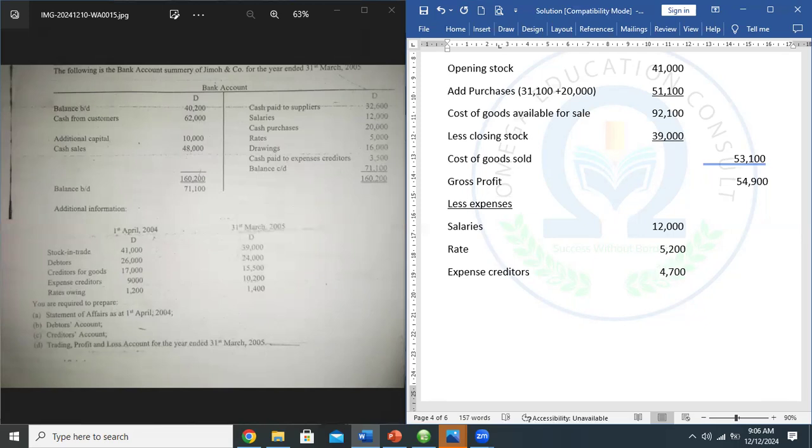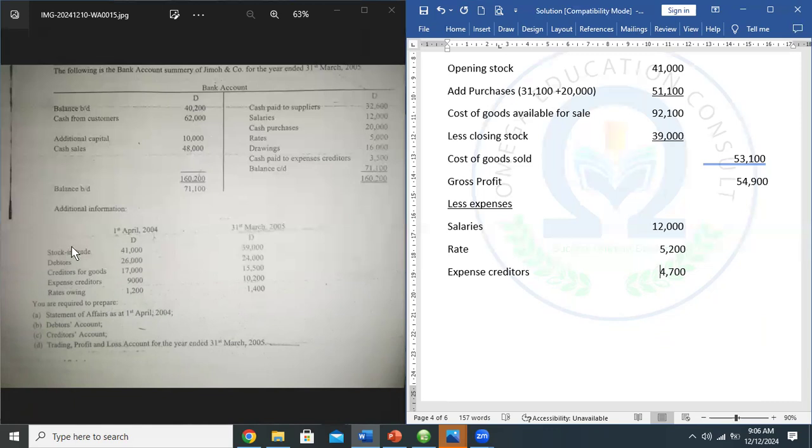Watch out for provision for depreciation. It might be in the question. Some questions will give you, like you did in the sole proprietorship, maybe 20% on cost or reducing balance, whichever. We are fortunate in this question, we don't have. Sometimes too, when you are given assets like a building, fixture, or furniture, you should compare the balances.